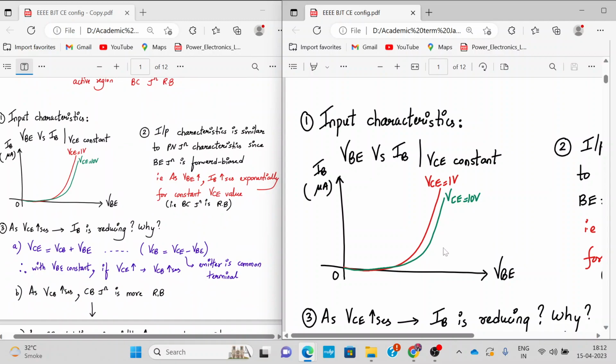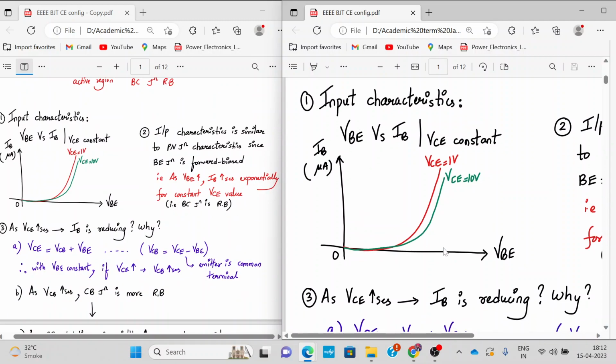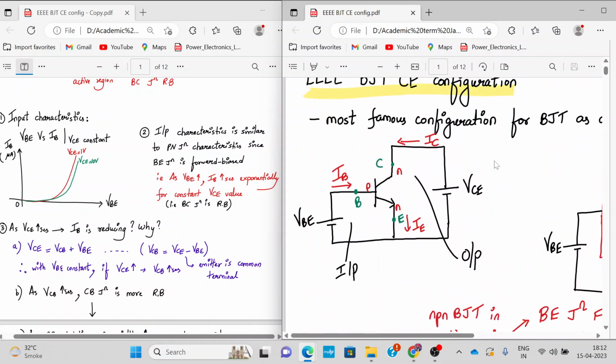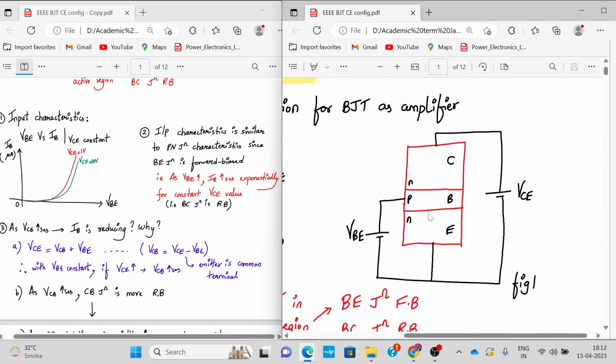At first glance, the characteristics look similar to the PN junction characteristics, since the base-emitter junction is a PN junction. If you are increasing the value of VBE, that means you are forward biasing the PN junction more.